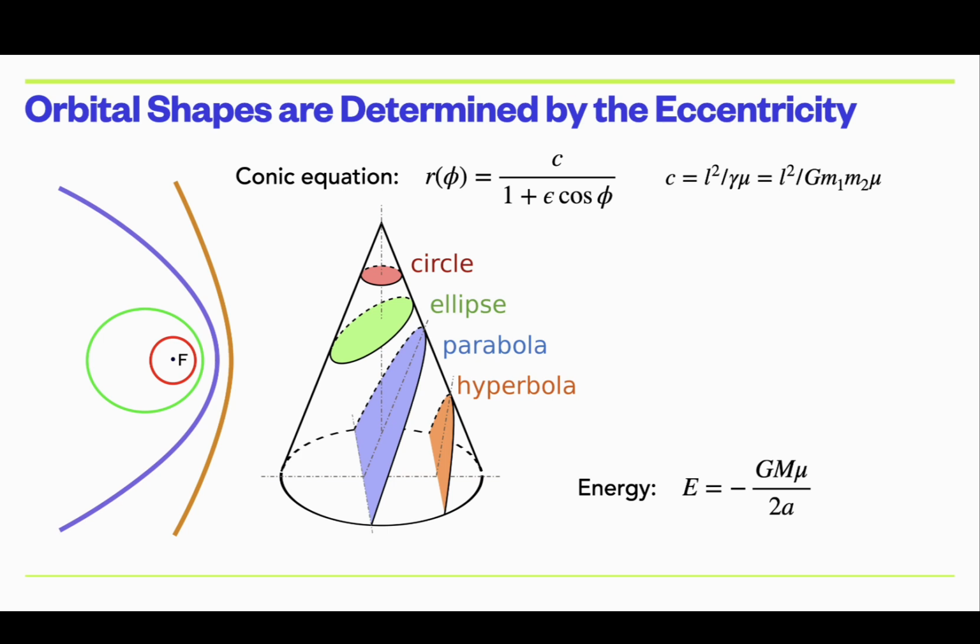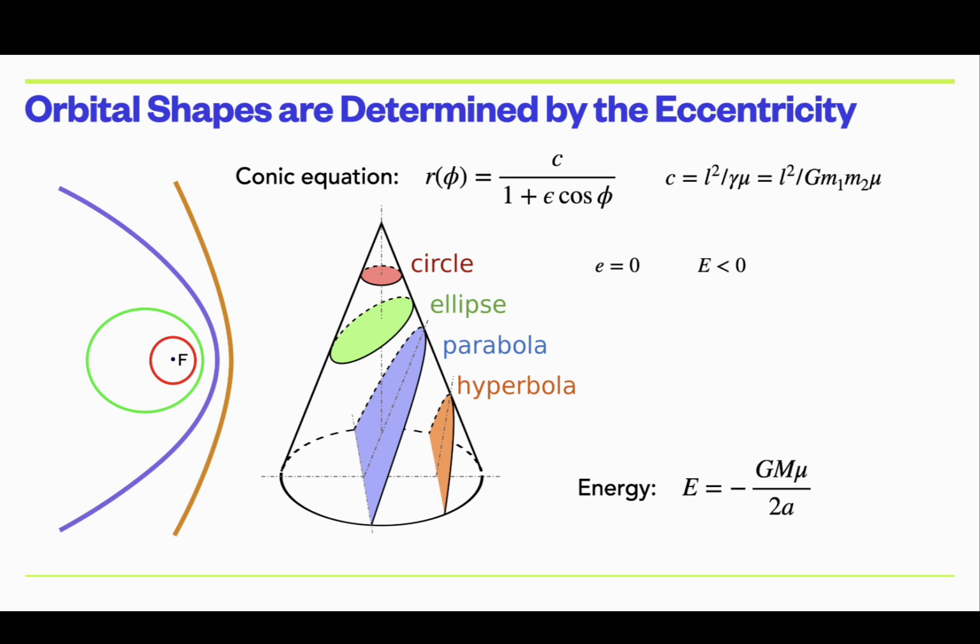Okay, so here are these conic sections. Here's our equation for the conic section. When the eccentricity parameter E is 0, this term is 0, and you just get r as a constant. So that's a circle. Turns out that the energy, which also has a different form which we'll derive later on, looks like this.